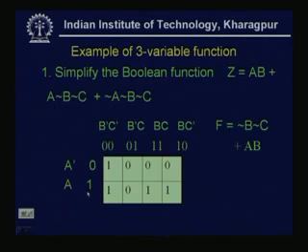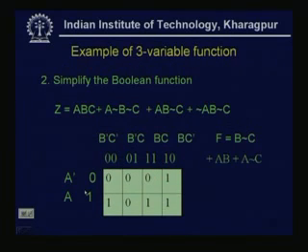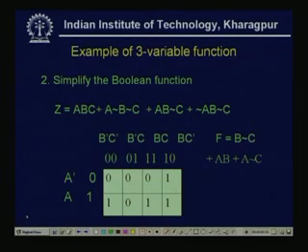So, the second example, the second question of the quiz, was a 3 variable function, and the function is given here. Again, the same way, because all the min terms consist of the 3 variables, immediately we will give the ones for each min term and try to find the couples.